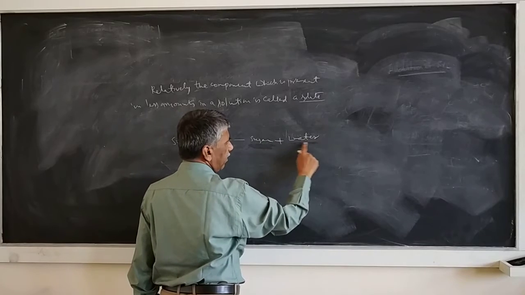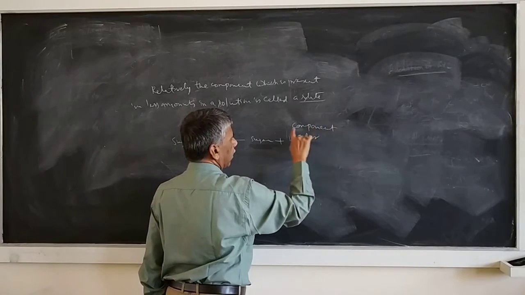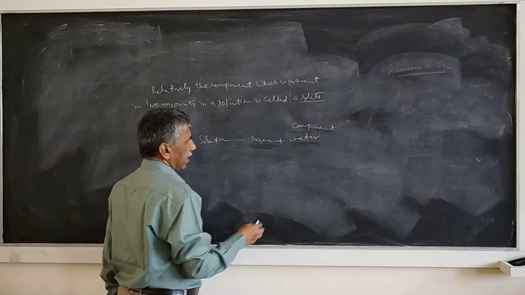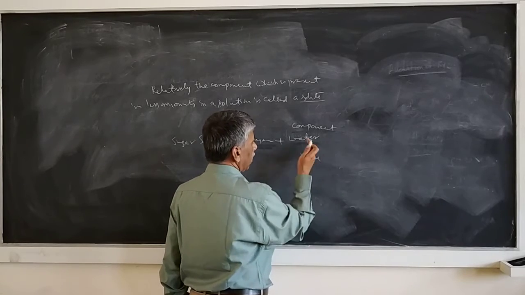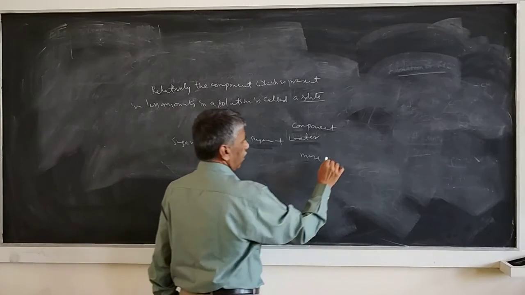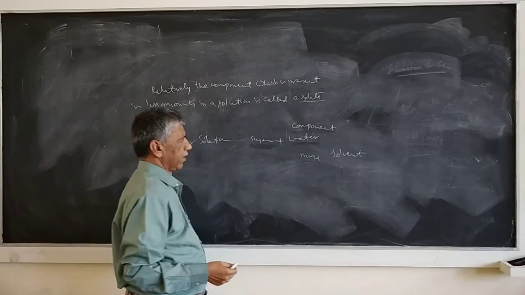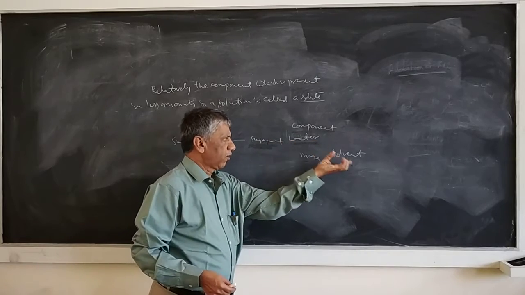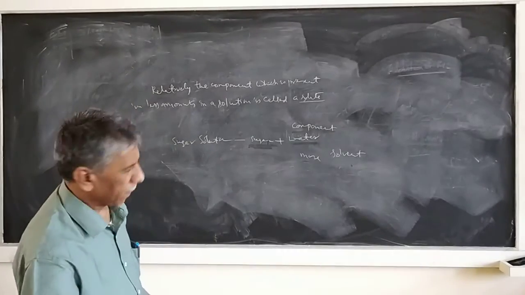Similarly, the component which is present in more quantity is known as solvent. So in this example, sugar is a solute and water is a solvent. So that also you remember.